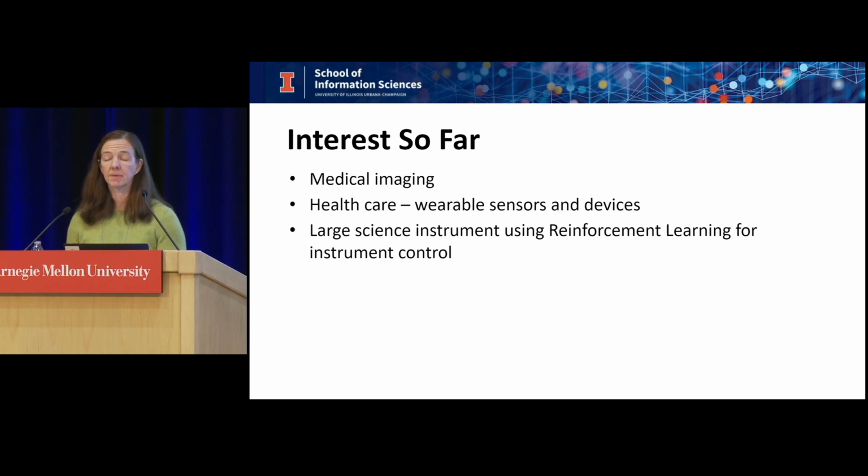They are concerned that their applications are trustworthy. And some large science instruments, we're working with one, but the funding was unclear. Thank you, DOE. They're using reinforcement learning for instrument control of a very, very expensive instrument that had no security or AI red teaming with it.